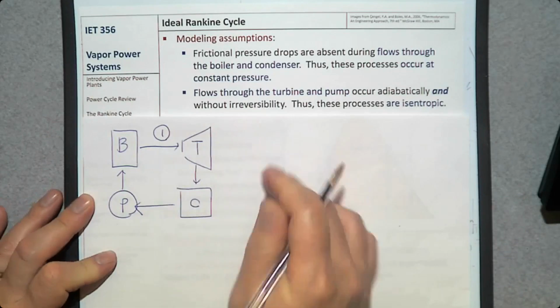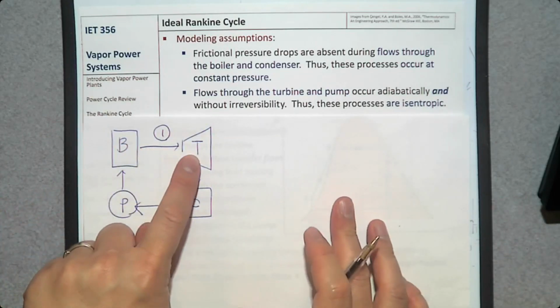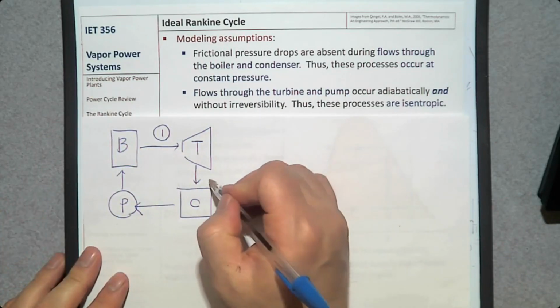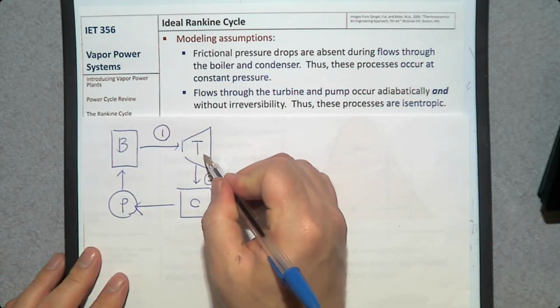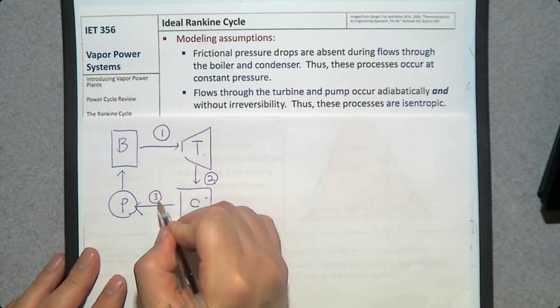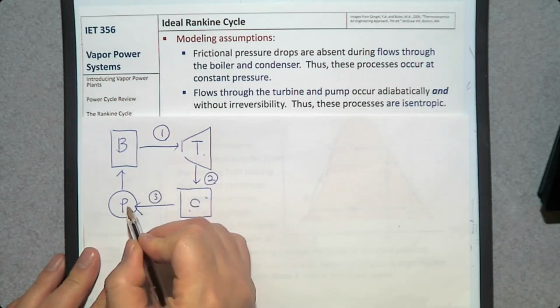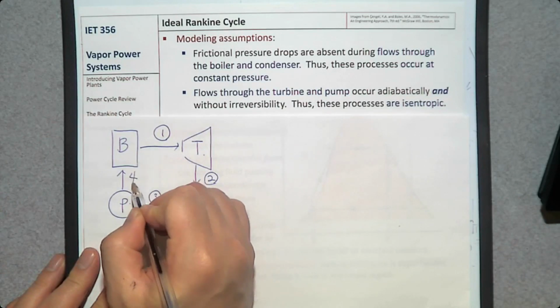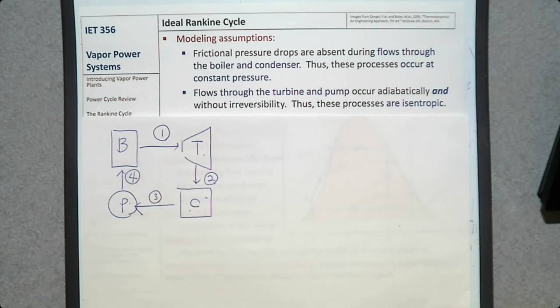Number 1 is the exit of the boiler and the inlet of the turbine. Number 2 is the exit of the turbine and the inlet of the condenser. Number 3 is the exit of the condenser and the inlet of the pump. Number 4 is the exit of the pump and the inlet of the boiler.